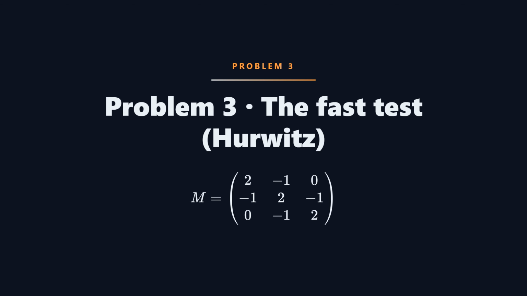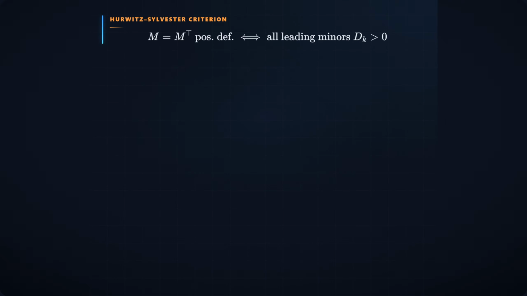Problem 3. Completing the square in 3 variables is painful. So learn the exam's favorite shortcut, the Hurwitz or Sylvester criterion. Here's a 3x3 symmetric matrix. Is it positive definite? Pause and try the minors. The Hurwitz criterion. A symmetric matrix is positive definite exactly when all of its leading principal minors are positive.